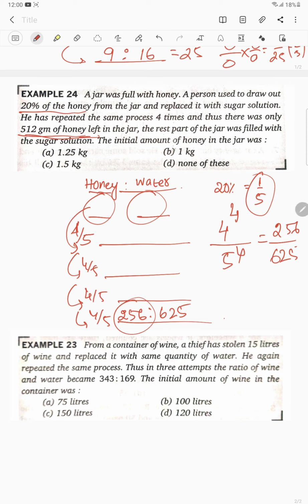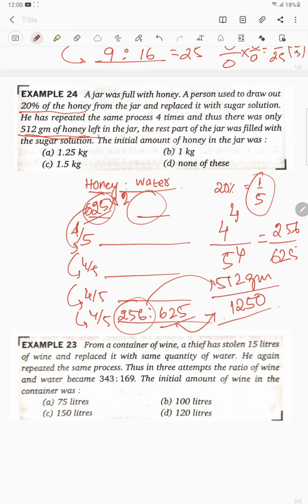But here it's telling that 512 grams of honey was left. So if 256 equates to 512, the 625 must be equal to 1250, right? So this 625 must be the honey.